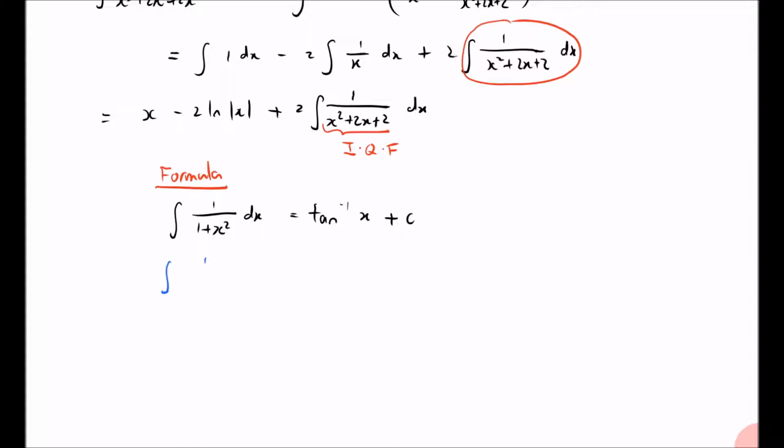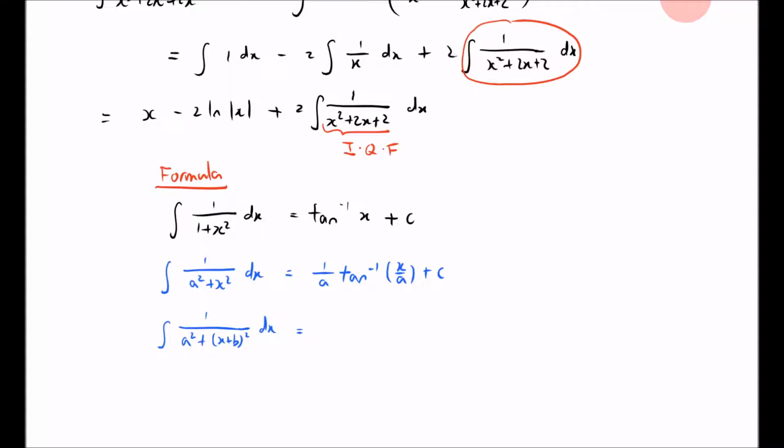Then if you integrate 1 over a squared plus x squared dx, now the formula is 1 over a tangent inverse x over a plus c. The next advanced formula, which is very useful, will be 1 over a squared plus (x plus b) bracket squared dx.